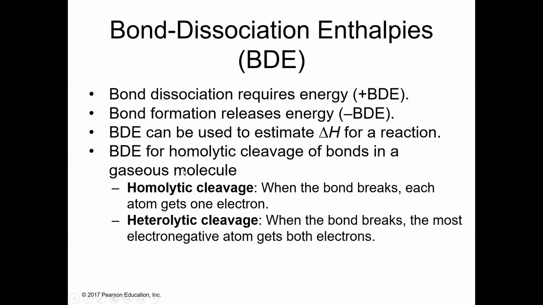We have different values for bond dissociation energies depending on whether the bond breaks homolytically or heterolytically. Okay, in this example, it broke homolytically. Heterolytically, again, is where it breaks unsymmetrically, where the most electronegative atom gets both electrons.